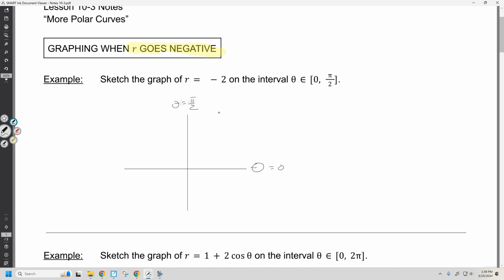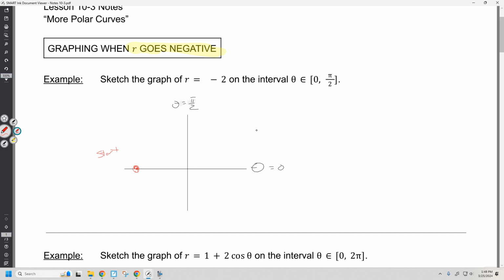We are used to our graph existing in this quadrant where my angles are between 0 and pi over 2. But that's not happening here. Because when my angle is 0, my radius is -2. That means I got this point that I'm starting with. This is my start.